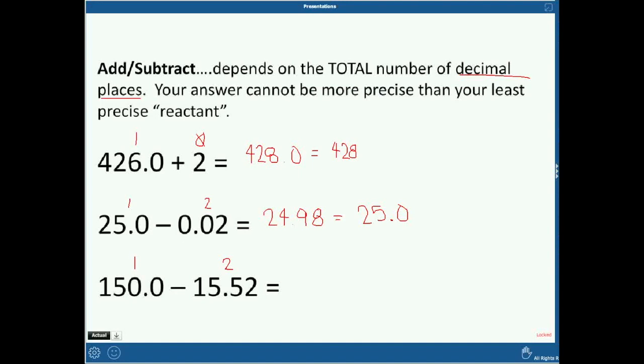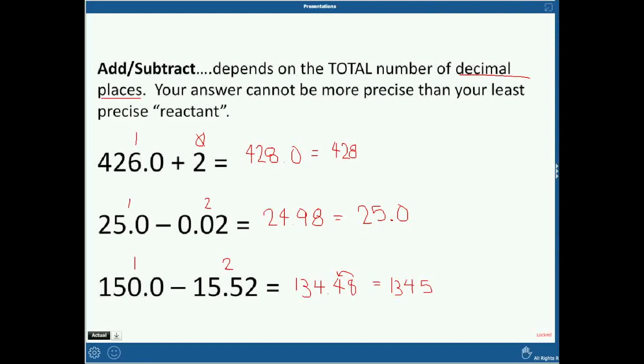So I'm going to do 150 minus 15.52, and I get 134.48. Okay, and again, we can only have 1 decimal place. We have an 8 here, so we've got to get rid of that 8, but we have to round up. So then we end up with 134.5.